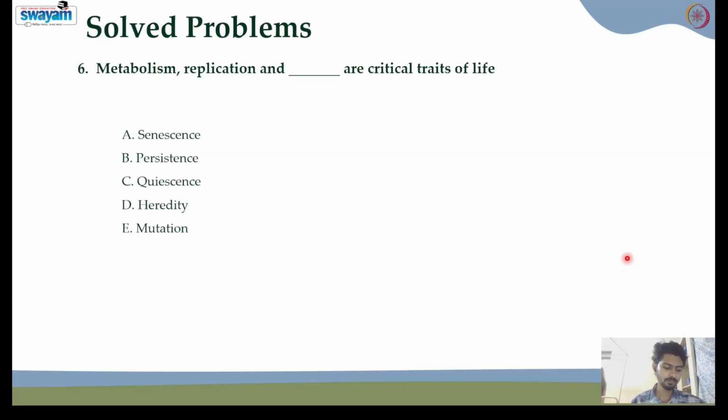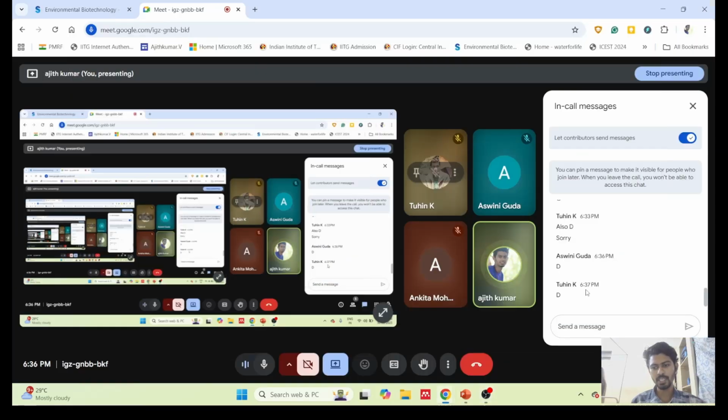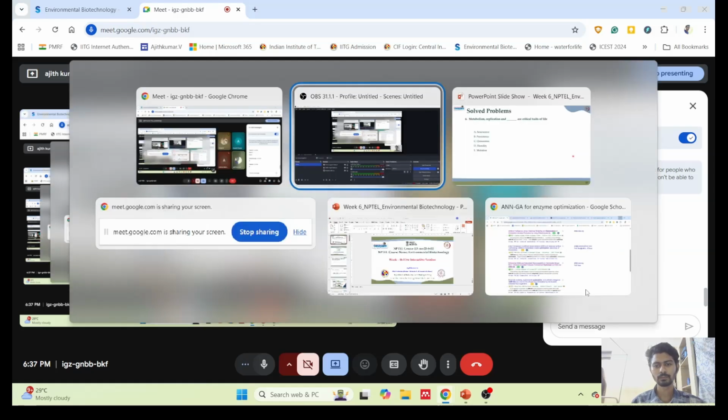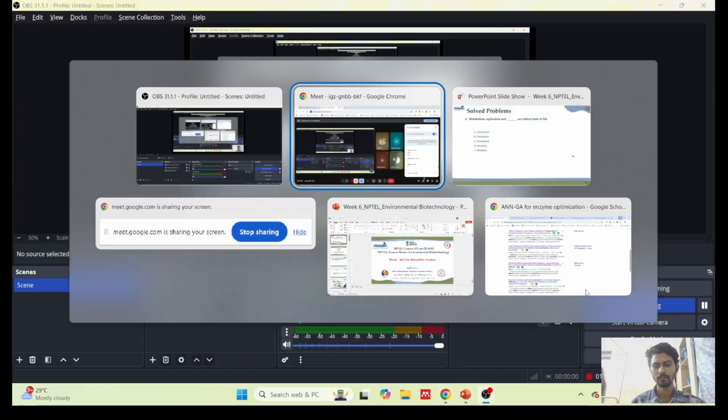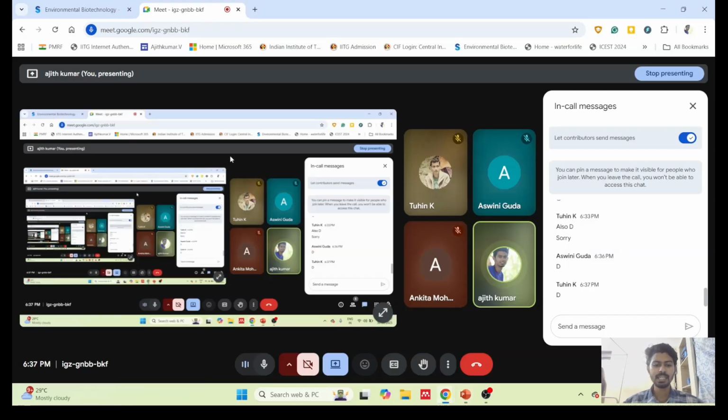Option D, okay, option D. Any other answer? Metabolism, replication and which one is critical triads of life? Okay, we will see the answer.